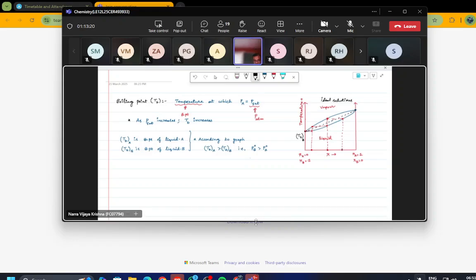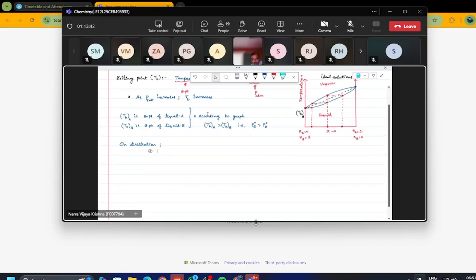So that's what I am writing. On distillation, what happens? Do you understand what is meant by distillate?